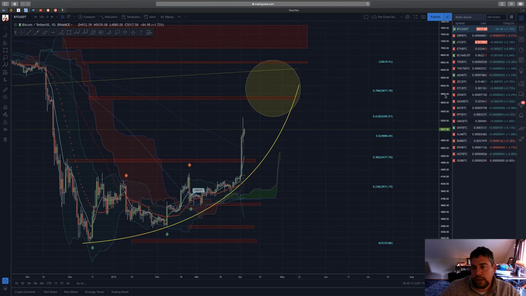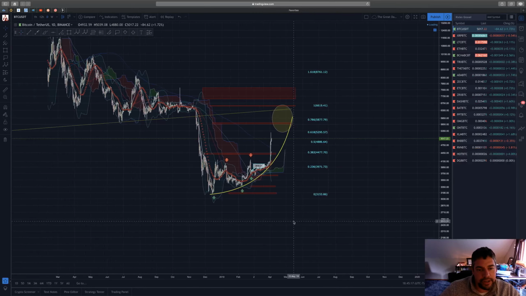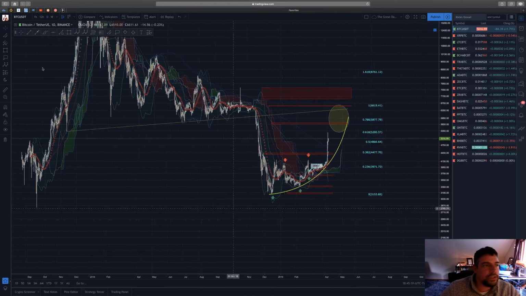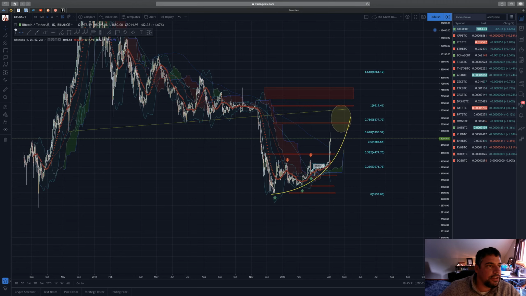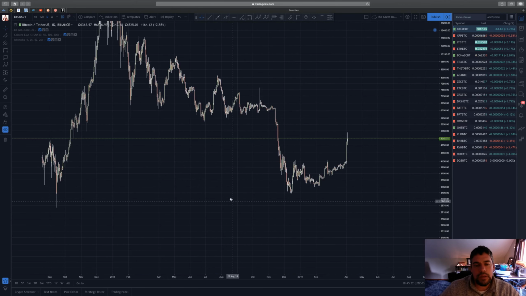it's also possible, and I want to throw this out there as a cautionary tale, that when I squish up these indicators, let's move this out of the way, and we just look at price, okay, it's possible that we could come back down to these levels here and then even lower.